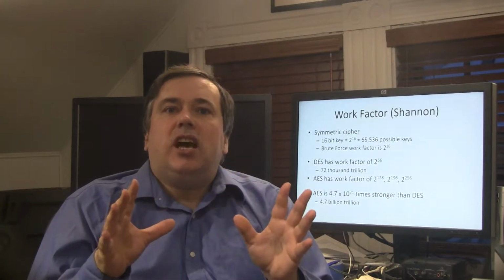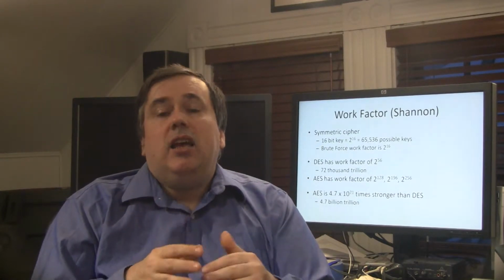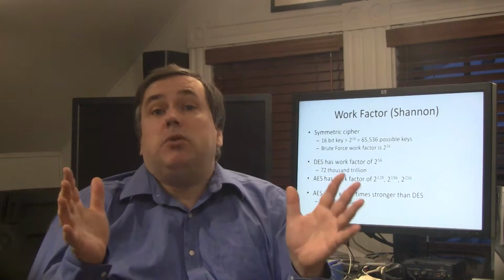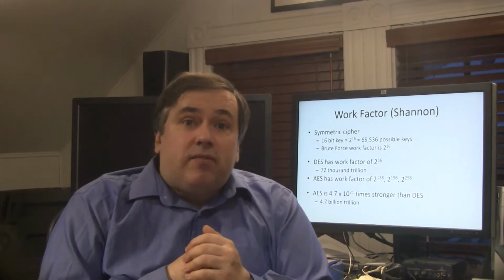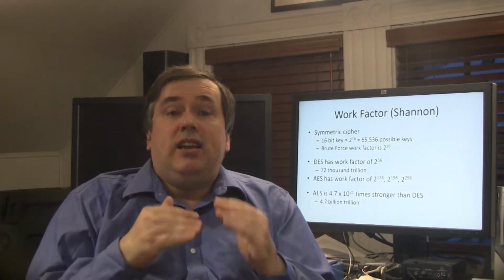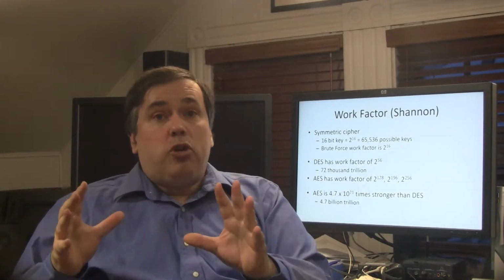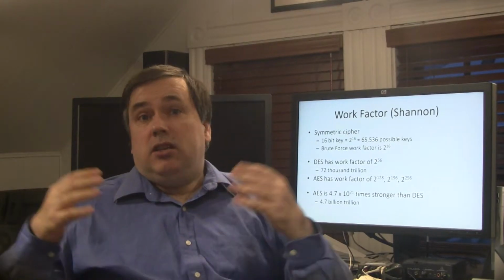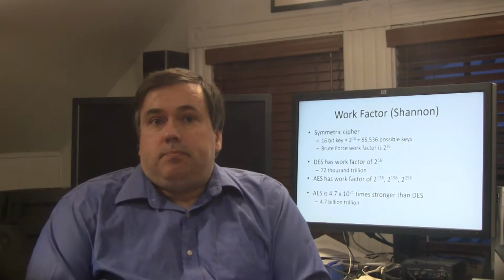If we have a symmetric cipher with a 16-bit key, there are 2 to the 16 different possible keys, so 65,536 different possible keys. The brute force work factor is 2 to the power 16.